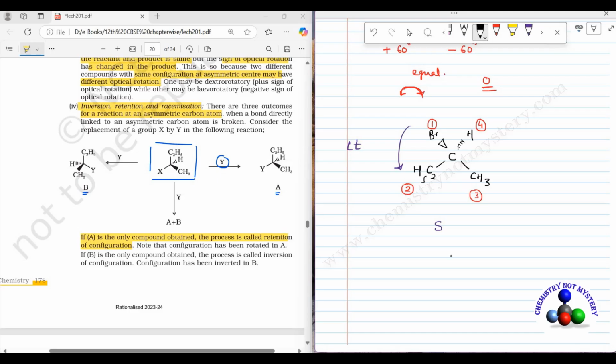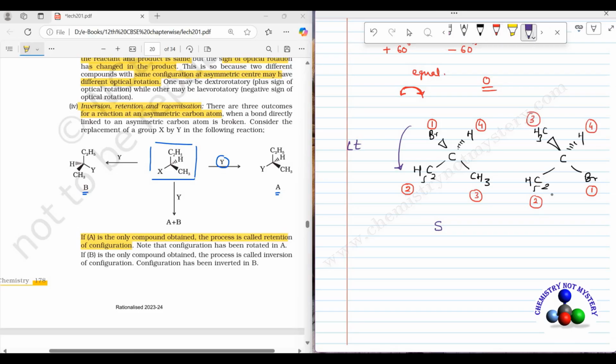Now in another structure, here this is carbon and this is bonded to CH3. Here it is hydrogen and there are two other groups. One is bonded to Br and the other one is bonded to C2H5. Now again assign the numbers to the different groups. So Br will get first number, hydrogen will get fourth number, C2H5 will get second number and CH3 will get third number.